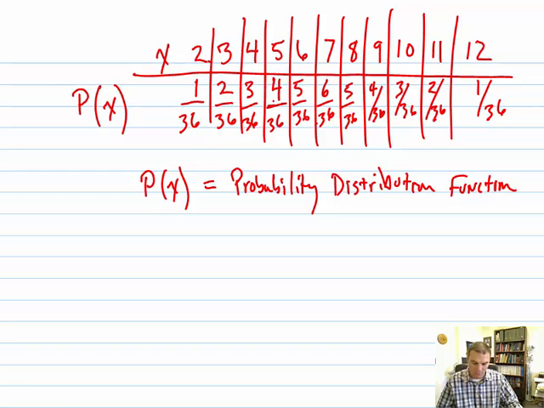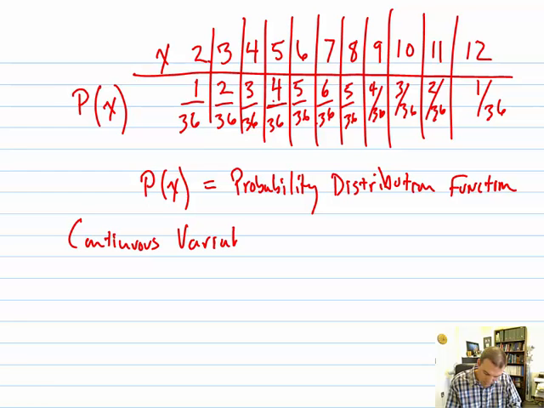Now there's a number of other ways that we could deal with this as well. Another type of variable that we can deal with is something called a continuous variable.